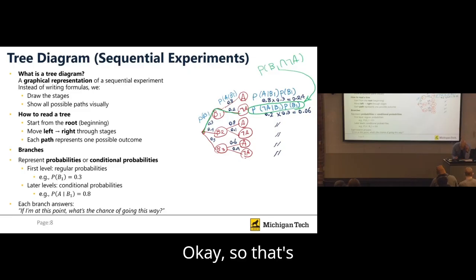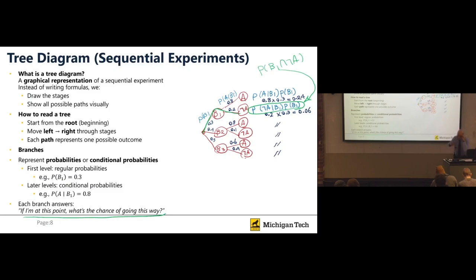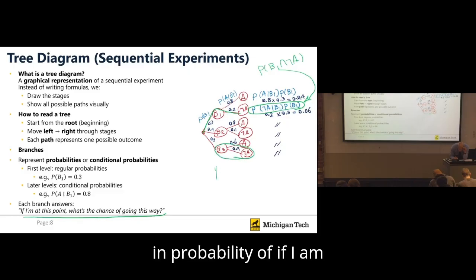Okay, so that's obvious, but not this last. If I am at this point, what's the chance of going there? So for example, here, if I am in B3, what is the chance of going to not A?